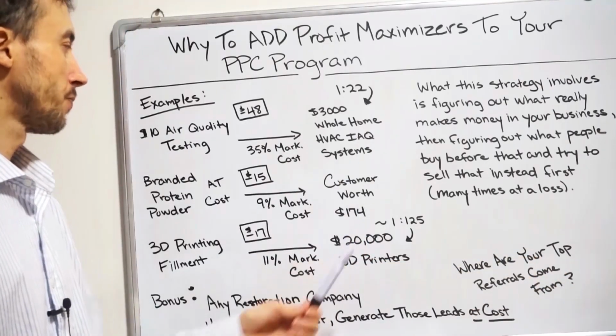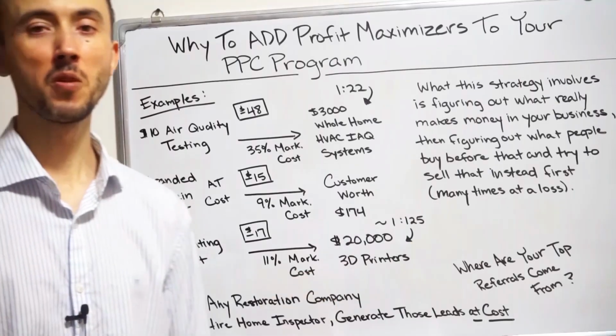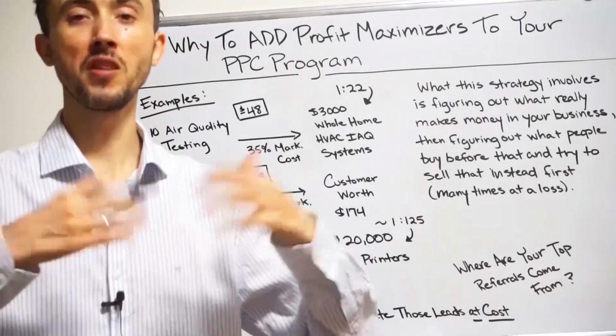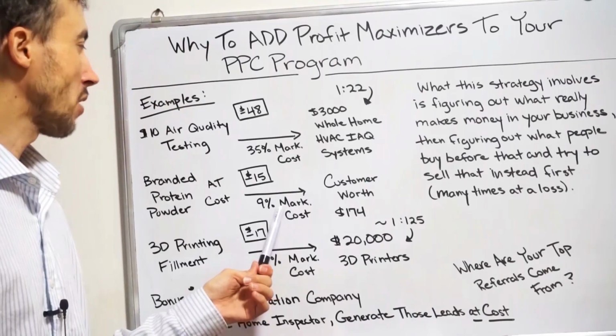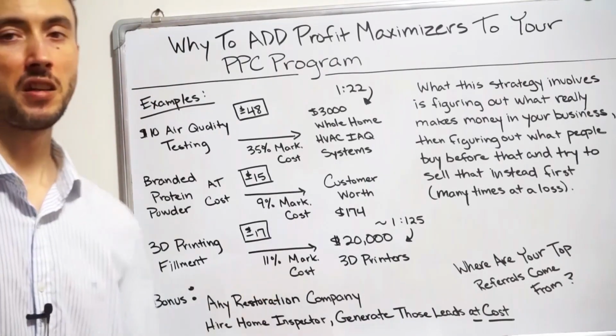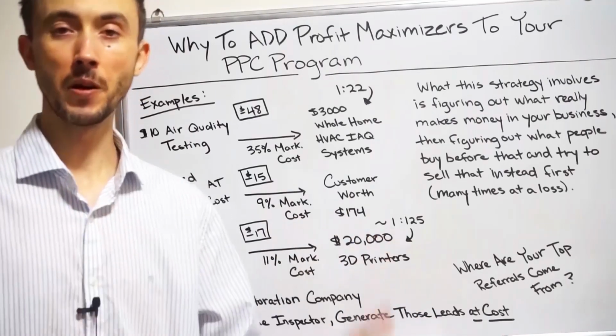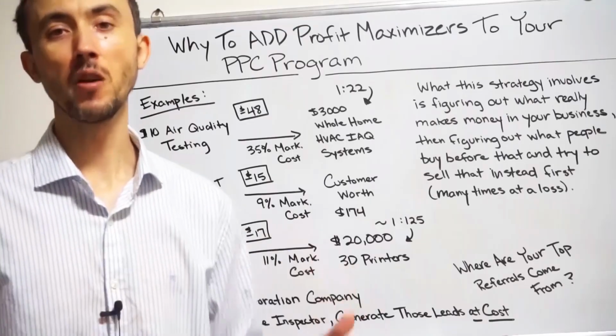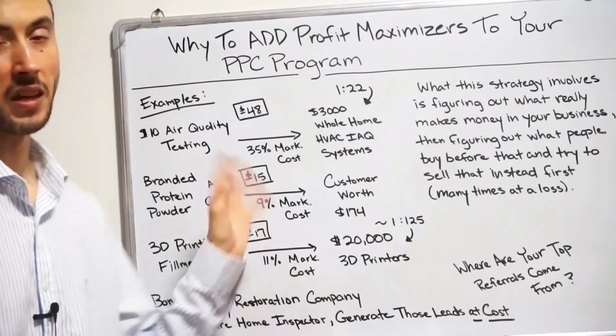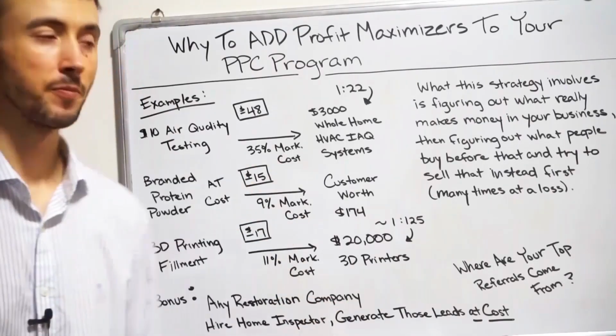The back end was $174 total, including the initial purchase. That works out to a 9% marketing cost, which in that market is very, very good. It's better than what you normally would have got, which is you might get an 8-to-1 return. Now we're getting like an 11-to-1 return, okay?